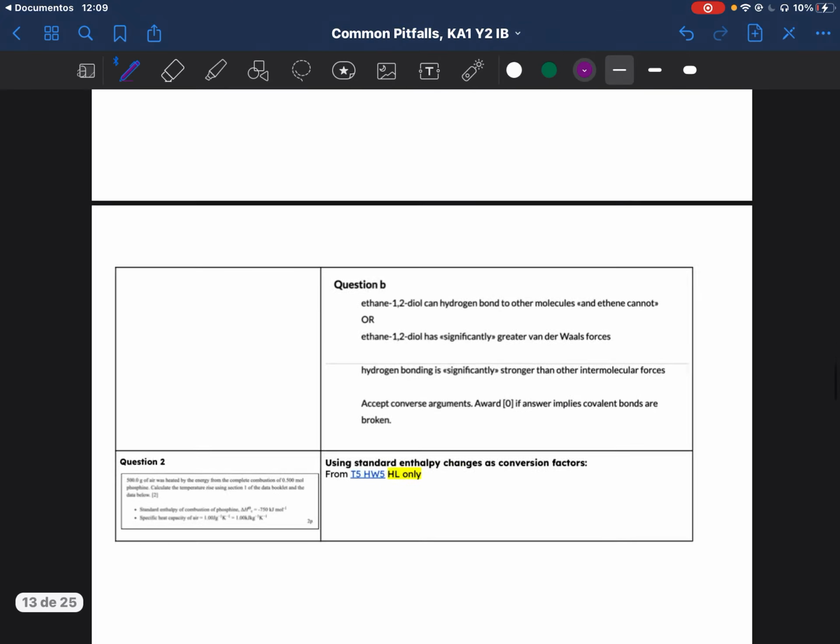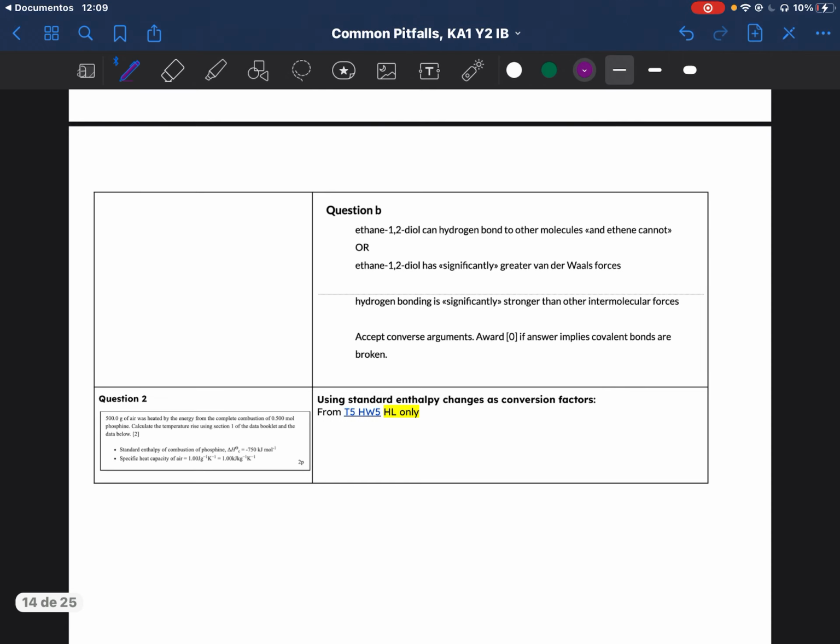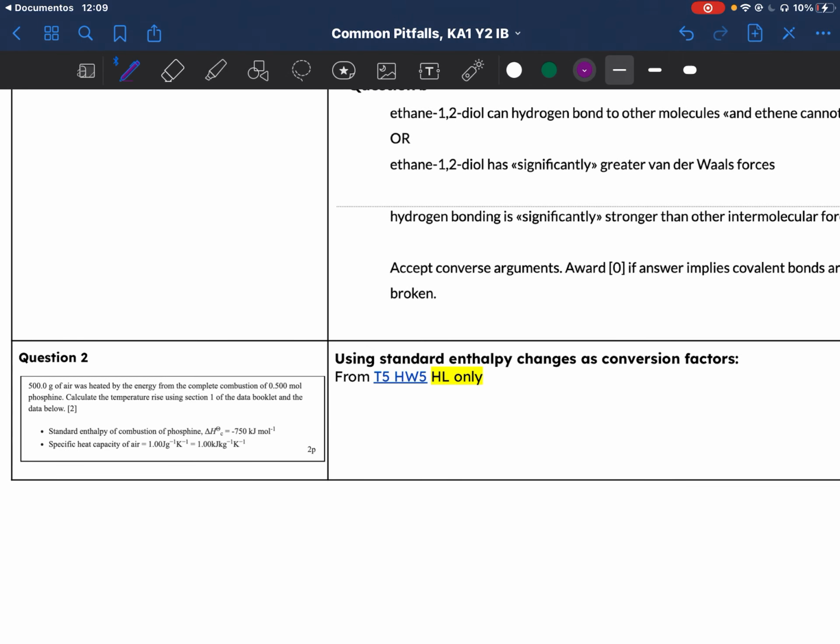Okay, moving on, question 2. So question 2 involved 2 steps. This is the high level question 2, I should say. You had 500 grams of air, 0.5 moles of phosphine. You had an enthalpy of phosphine, and then, of course, information about air, the specific heat, I should say.